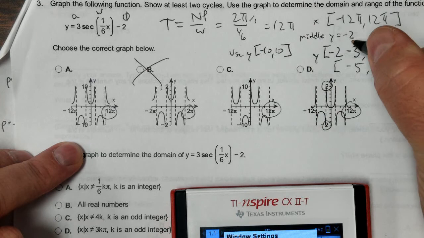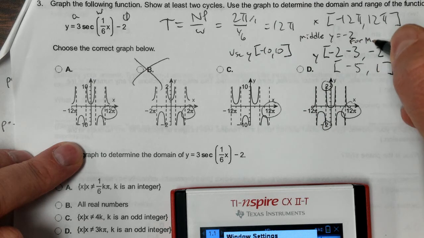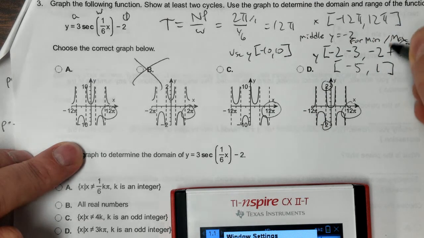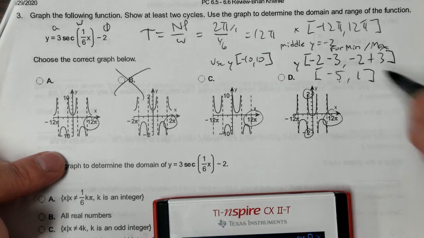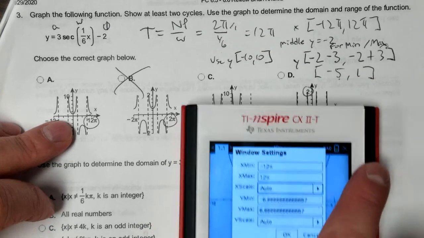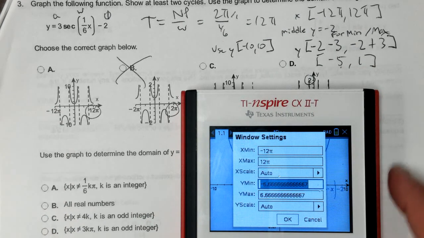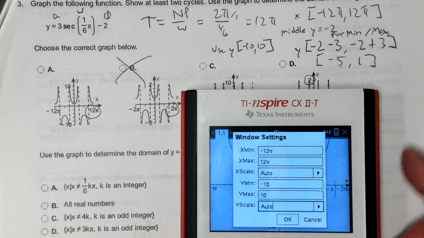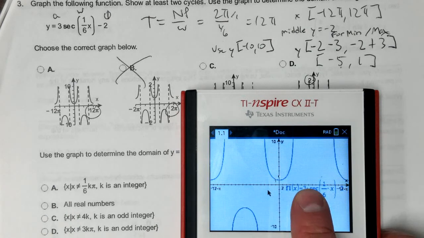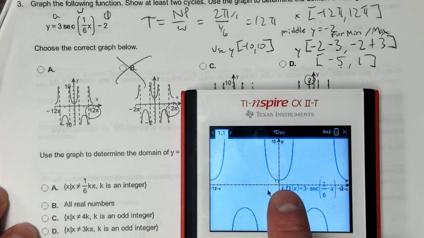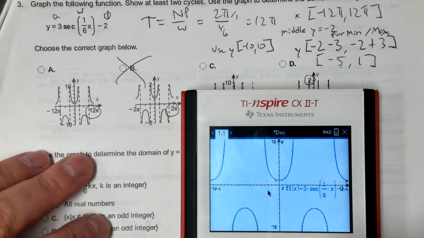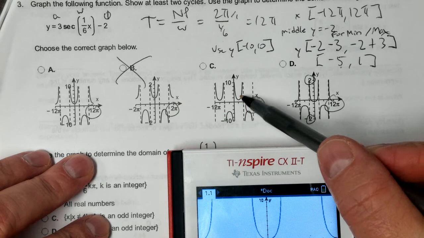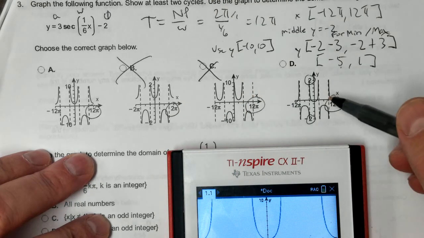So this part is for the minimums and maximums. This part, the negative 5 and the 1 are for minimums and maximums. Okay, so it's centered right on the y-axis, and it's up. This one's up, and this one is not centered, so it's not that one.